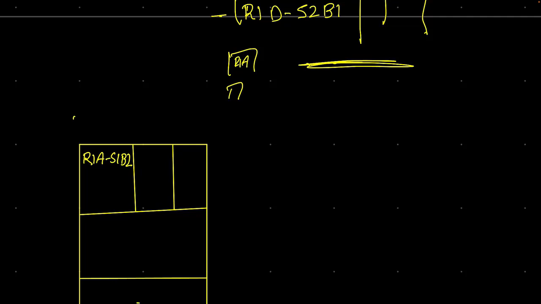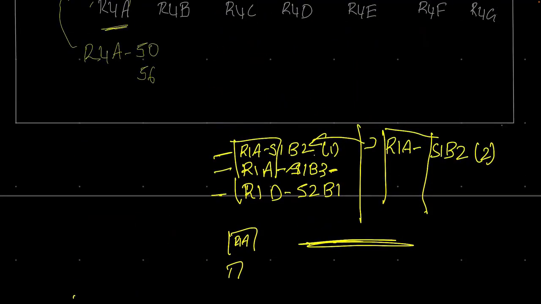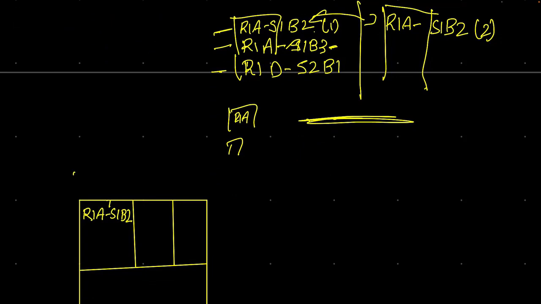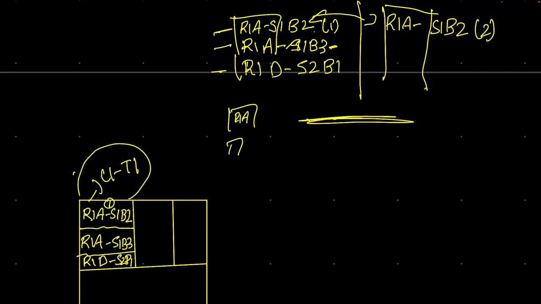I have one of those since my original order had 1. So one of these. And then I have another item from R1A, S1, B3. And then I have another item in this from R1, B, S2, B1, okay? And this is my C1, T1 tote, okay?